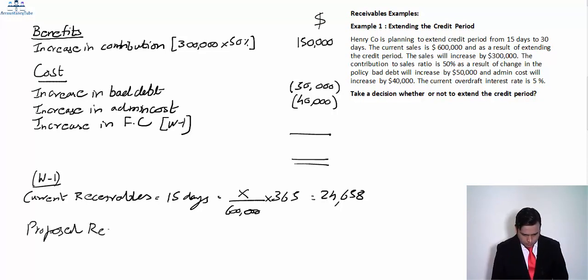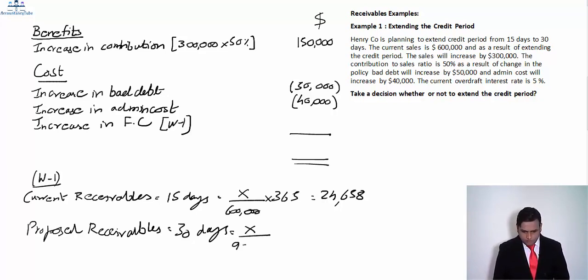Now we need to compute the proposed receivables, which is 30 days. Now that's the extension, and again we need to compute the receivables. Obviously the credit sales have been increased by 300,000, so in the denominator we need to include the extra sales as well, and multiply by 365.